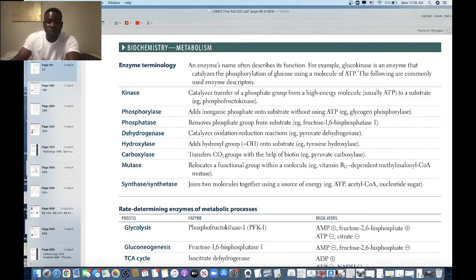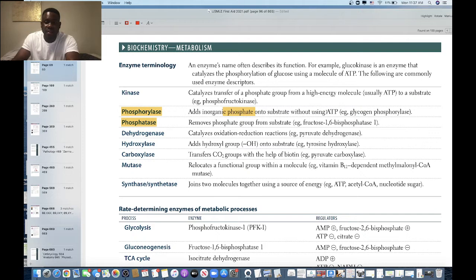Now, the two main ones that you want to know first are the phosphatase and the phosphorylase. Phosphorylation means the addition of what? Phosphate to anything.